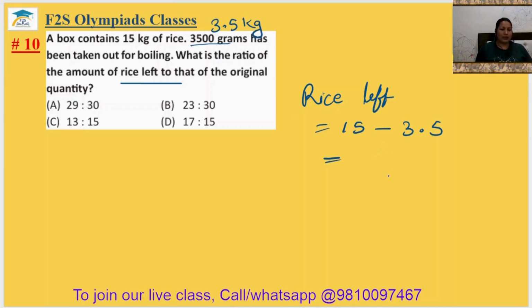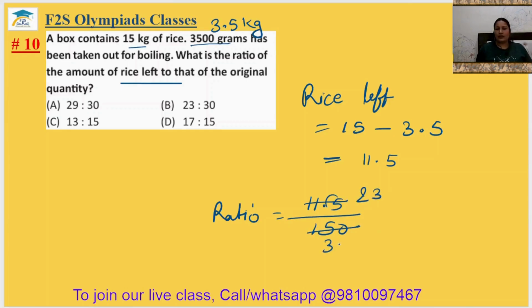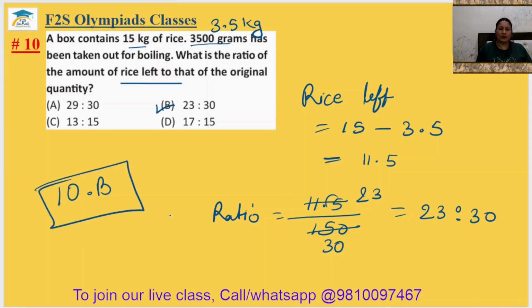So 15 minus this will be 11.5. Now total rice is 15 kg, so the ratio will be 11.5 upon 15, which simplifies to 23 is to 30. It is in option B. So the 10th answer will be option B.